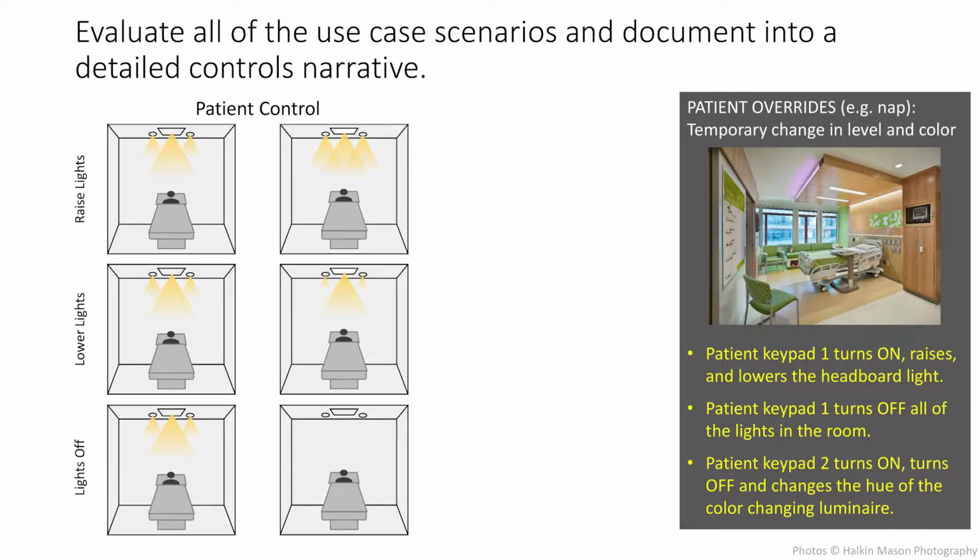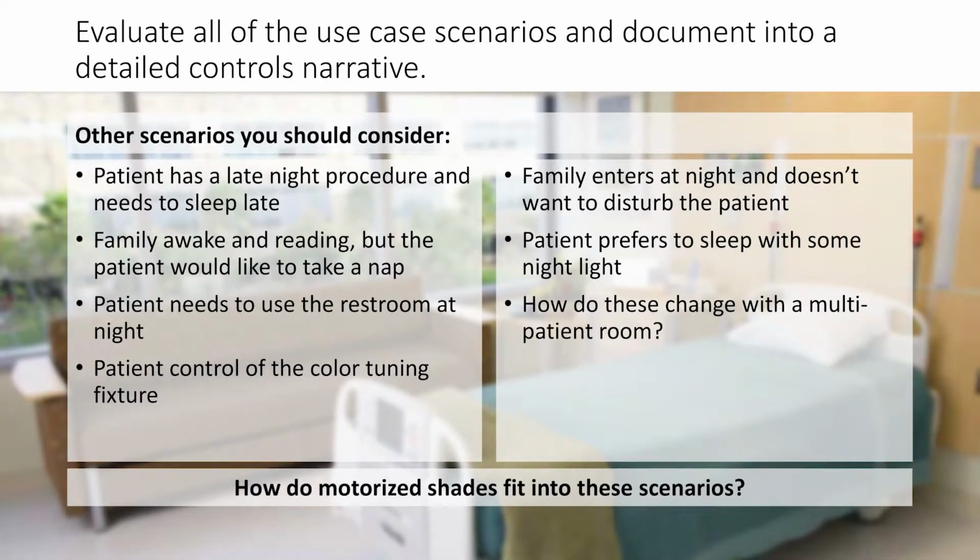And then this is a nap situation where the patient has control over the lights themselves, and they have a keypad that turns all the lights off, and the same keypad raises and lowers just the headboard light. So, different scenarios depending on what the patient's doing.